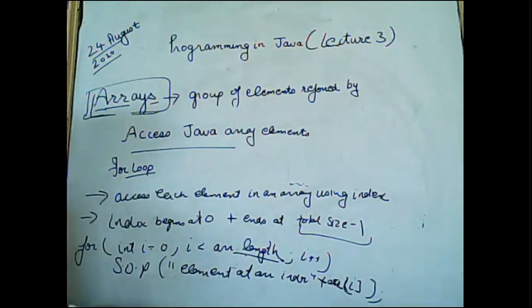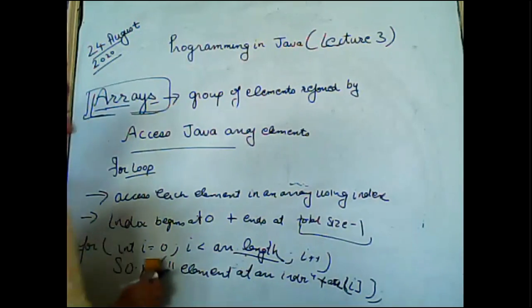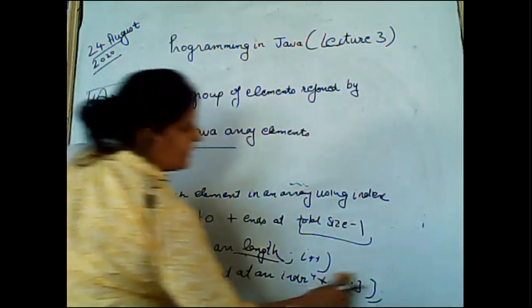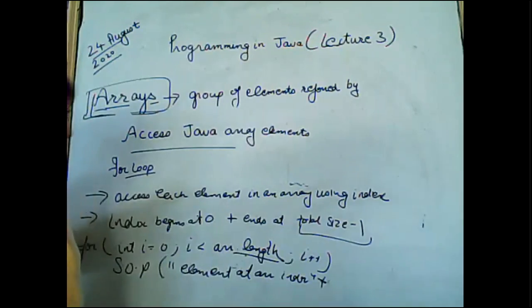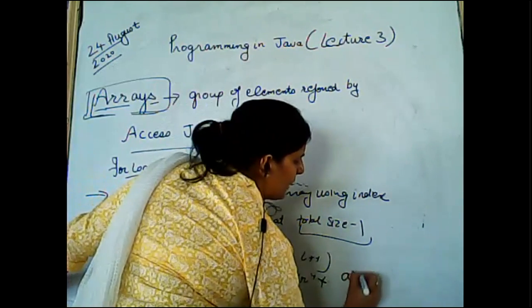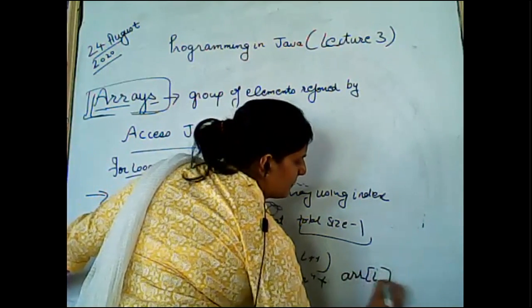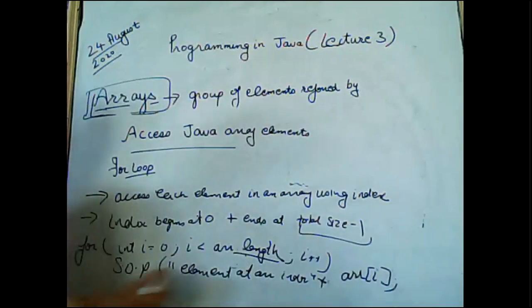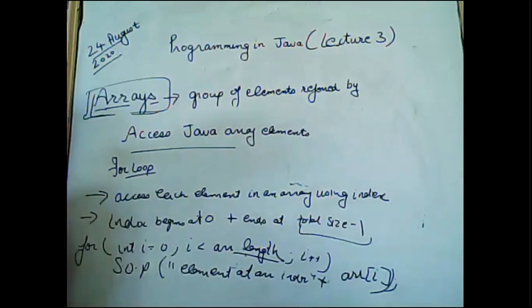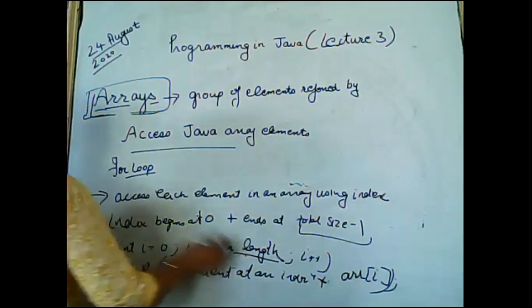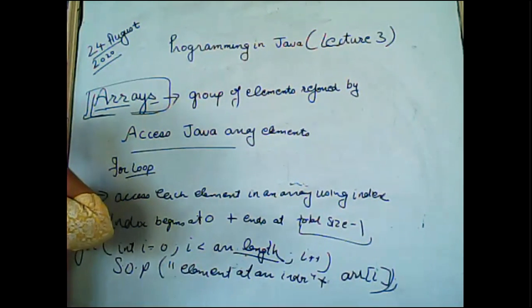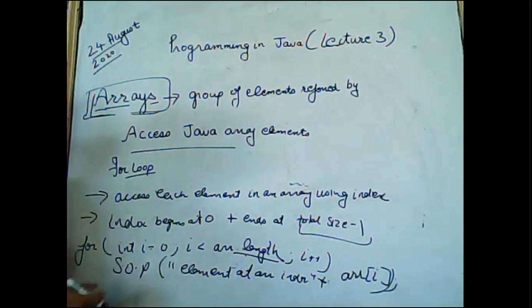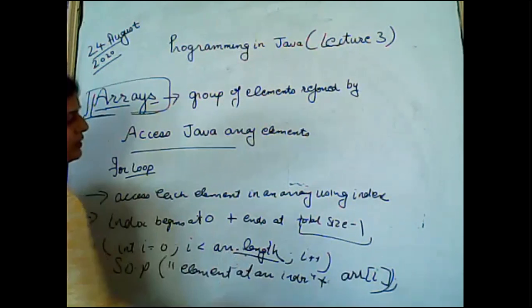So how you can refer to this particular thing is that we have the element at array index, and it will refer to that particular array element at the particular index. So length will help you access each and every element. It will automatically see what the length of your array is, and we can access that length using the property.